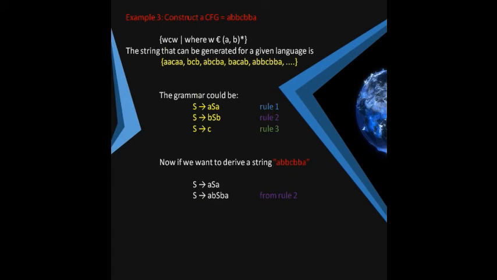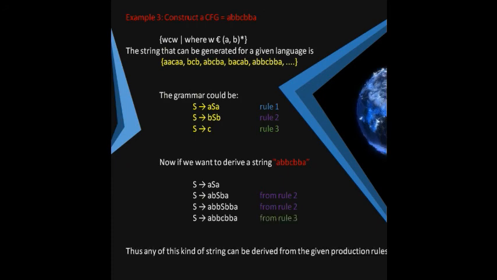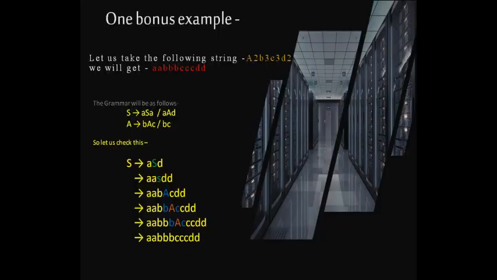So in the third step we will try to replace this S again, and we will get one more bSb. So we have almost got our string, but in order to make it our desired string we need a c here. So here we will replace this S from the third step with a c, that is the third rule, and we will get our desired string.